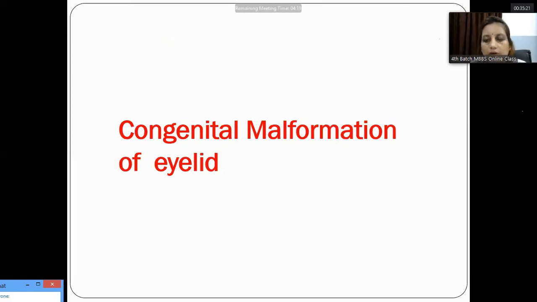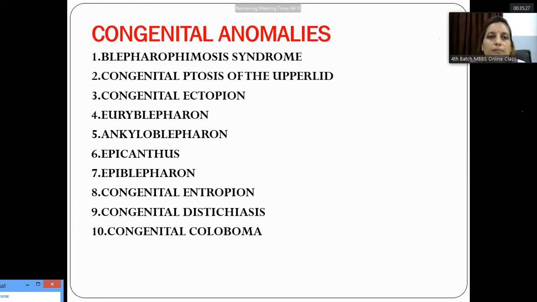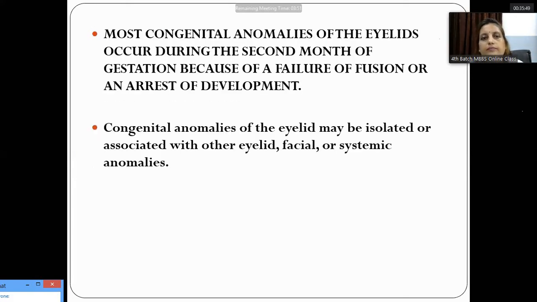Now, some of the common congenital malformations of the eyelid: blepharophimosis syndrome, congenital ptosis of the upper eyelid, congenital ectropion, euryblepharon, ankyloblepharon, epicanthus, epiblepharon, congenital entropion, congenital distichiasis, and congenital coloboma. Most congenital anomalies of the eyelids occur during the second month of gestation because of failure of fusion or an arrest of development.